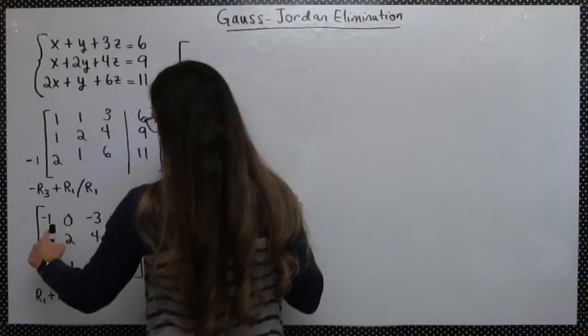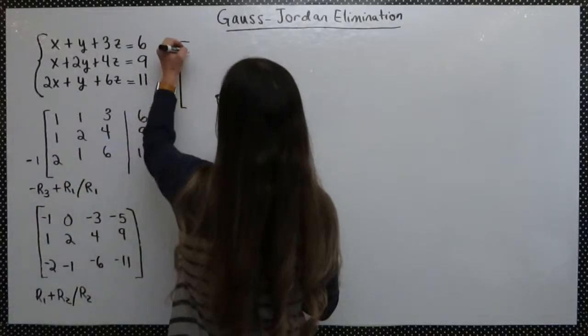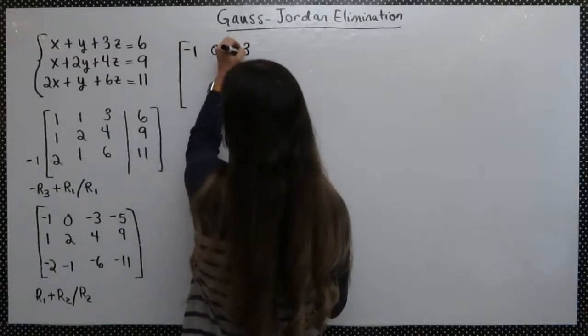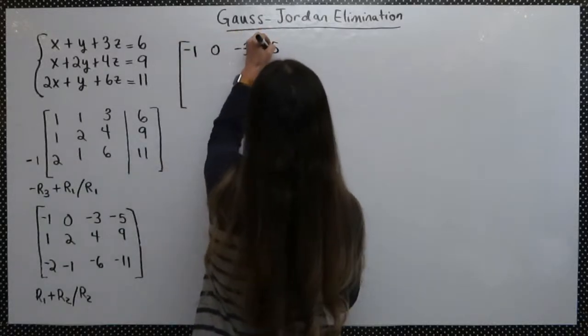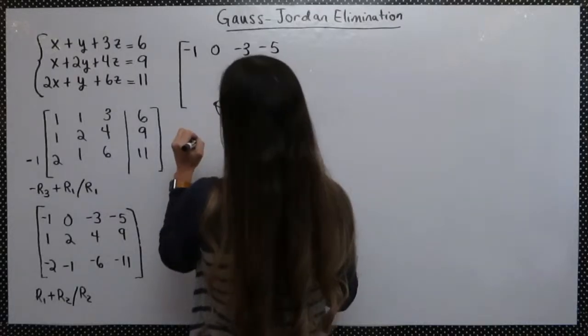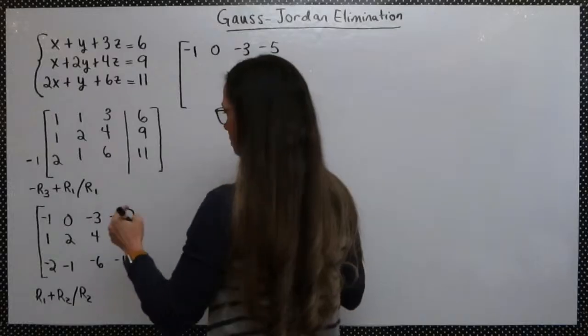So I can just put in -1, 0, -3, -5, and I'm going to add these rows and replace that with row 2.